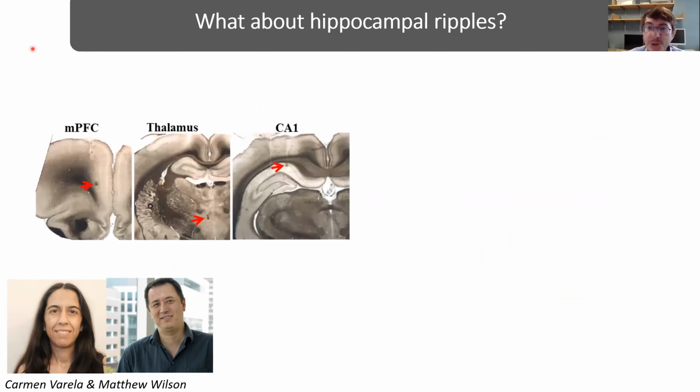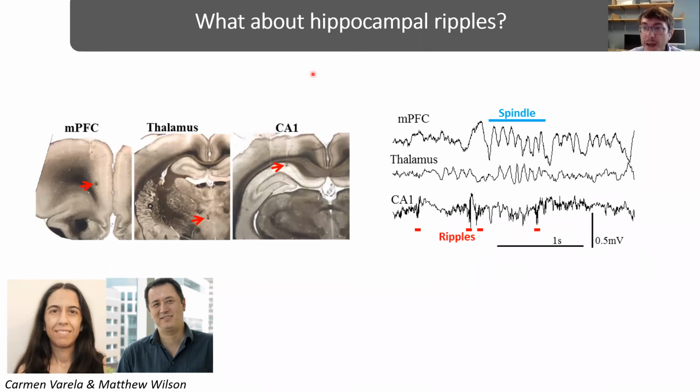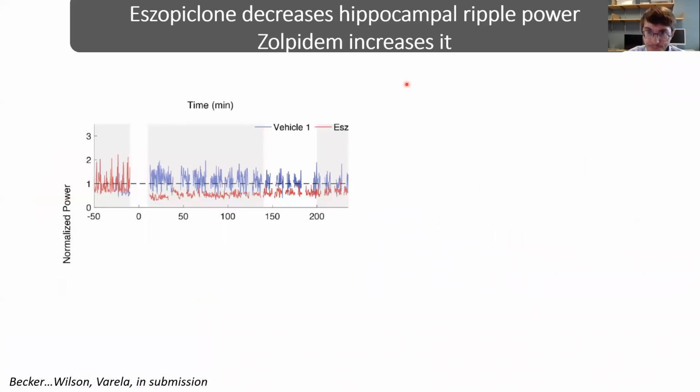What they can do is record from the prefrontal cortex, the thalamus, and CA1 or other areas of the hippocampus at the same time, and look at how these drugs influence the spindles or the ripples in the hippocampus, and use that as an animal model of what might be going on in the humans who are taking these drugs. They did these studies with eszopiclone as well as zolpidem. Zolpidem is another GABA A receptor agonist that has different binding properties.